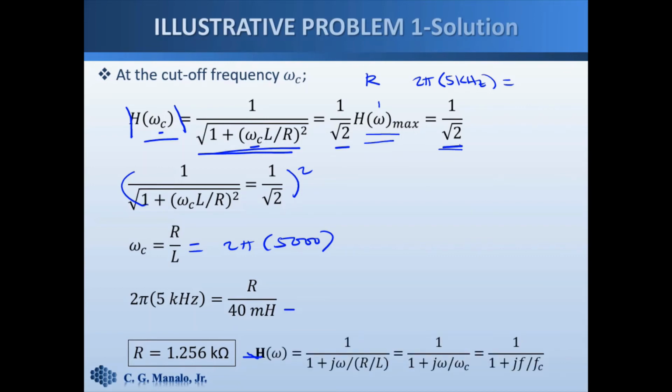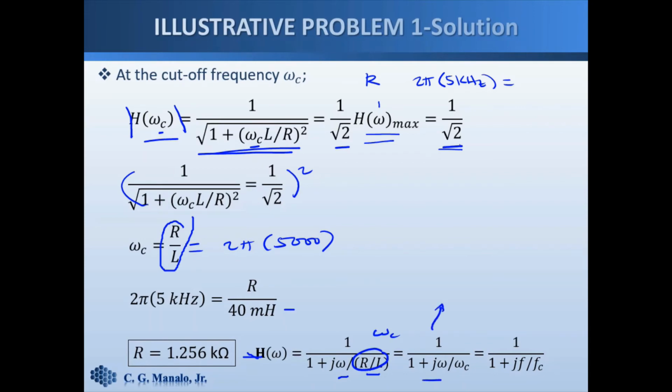Now, we can rewrite our transfer function in terms of the cutoff frequency. So we know the cutoff frequency to be R over L. Okay. And we can replace this term here by omega sub c. So this one here is omega sub c, so we can replace this by this.